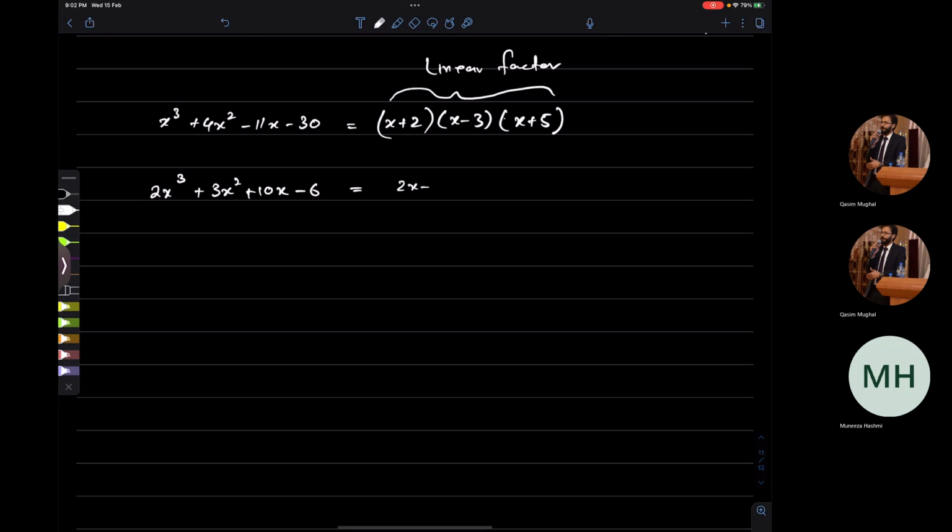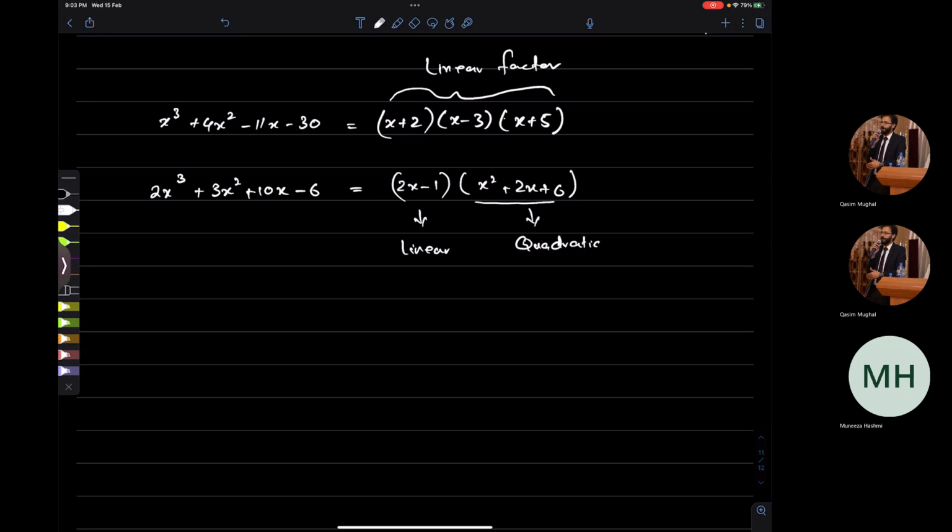Its factors are 2x minus 1 and x squared plus 2x plus 6. One factor is linear and this one is quadratic. You should check whether you can factorize it further or not. Here you won't be able to, so this quadratic cannot be factorized any further.